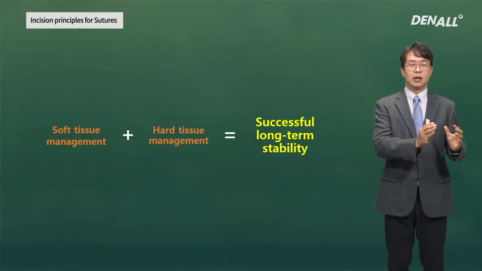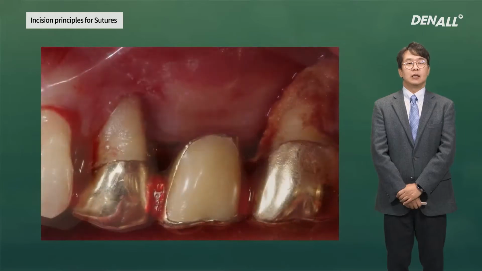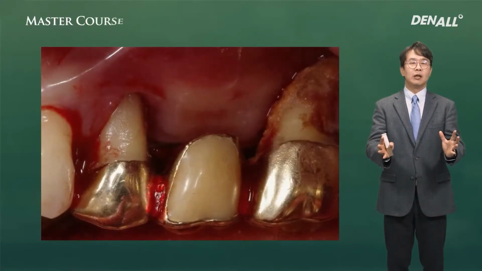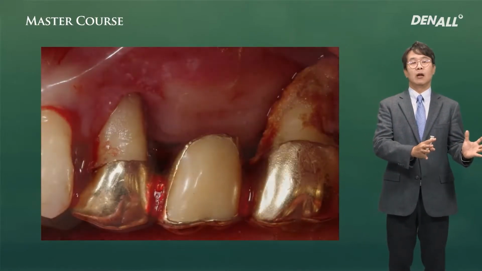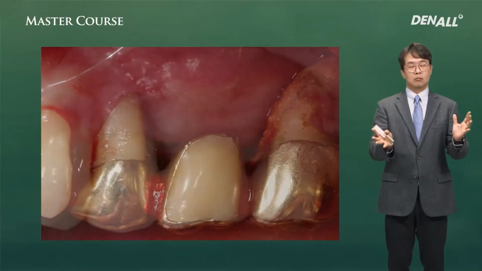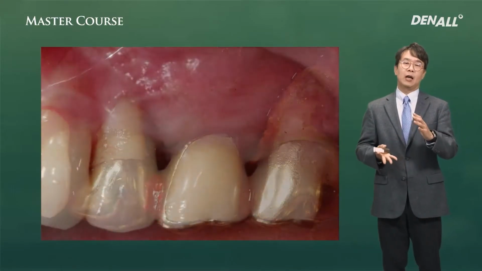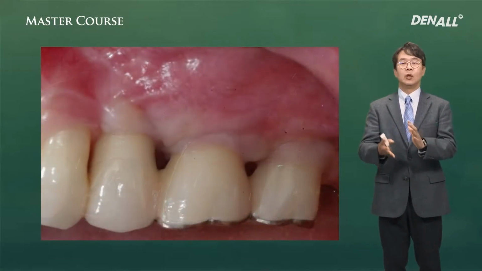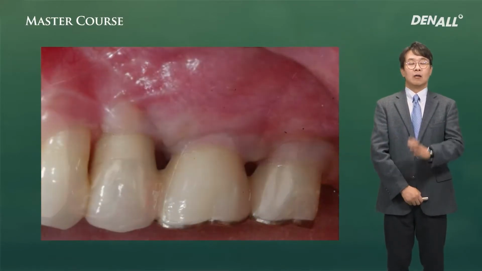Here, the patient has a periodontal disease and we need to place an implant there. The height of the gingiva needs to be stabilized and the hard tissue in it should be stable for successful long-term stability of an implant.